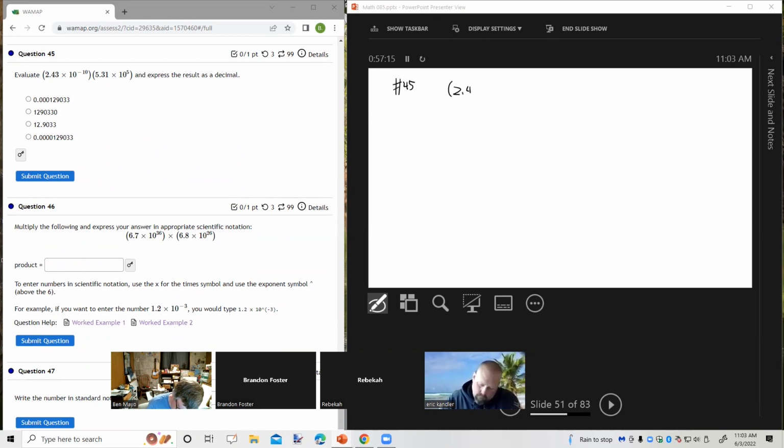Okay, 2.43 times 10 to the -10 power times 5.31 times 10 to the 5th power. Express the result as a decimal.